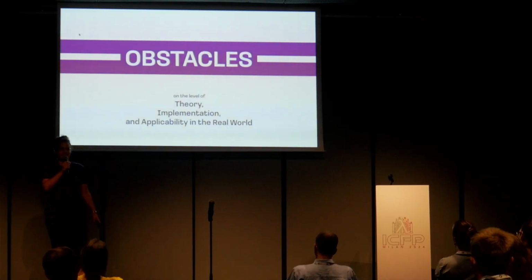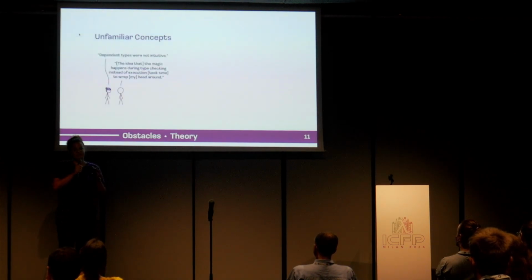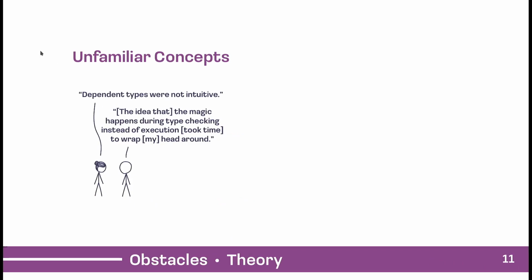So we identified 5 obstacles on 3 different levels: on the level of theory, on the level of implementation, and on the level of applicability in the real world. I will start with the theory, because there we have 2 obstacles. The first one being unfamiliar concepts. These are students coming from a computer science program where so far they've worked with mostly object-oriented languages.